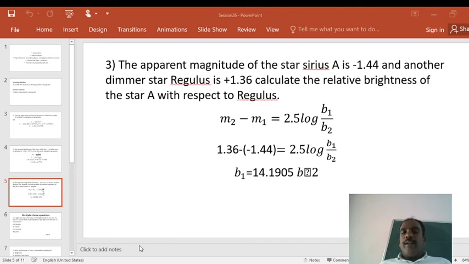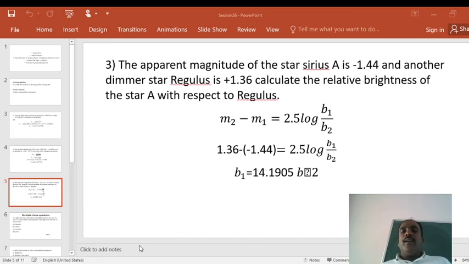Using the relation m2 minus m1 is equal to 2.5 log b1 by b2, m2 is 1.36 and m1 is minus 1.44. So 1.36 plus 1.44 equals 2.5 log b1 by b2. So b1 is equal to 14.1906 into b2.